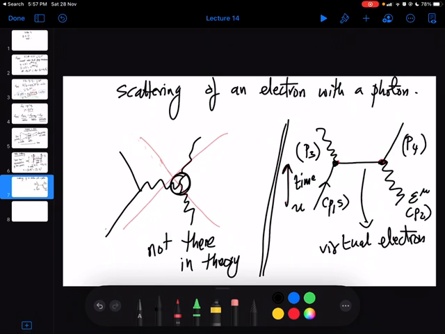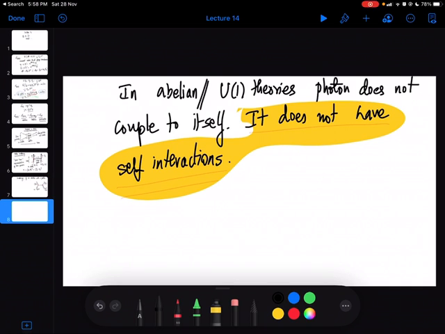So what we need is the transition amplitudes, or what are called the Green's functions, or 2-point functions. There are several names you can think of. So this should be there also, not just for the photon but also for the electron. You should be able to derive this.